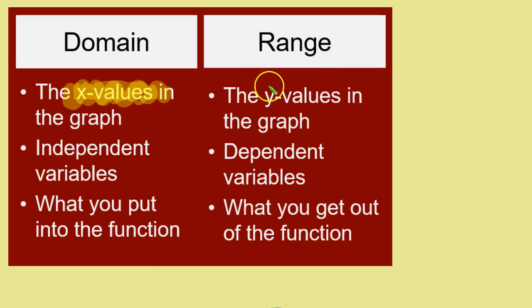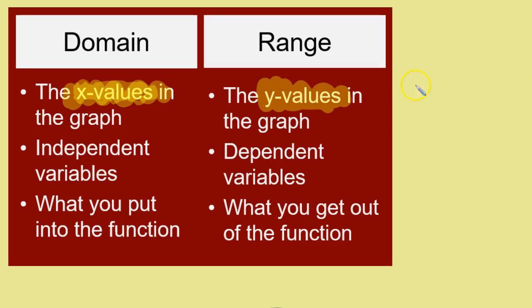The range, on the other hand, is all of the y values in the graph. In contextual word problems, these are called the dependent variables because changes in the range depend on changes in the domain. It is the outcome of the function: once you plug in that x value, it's what you get out.